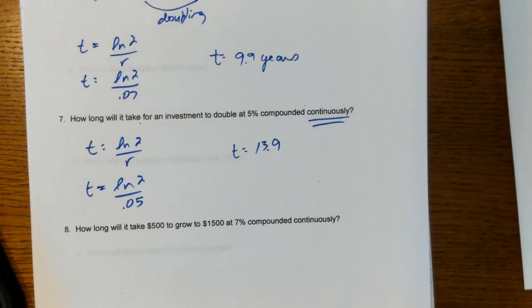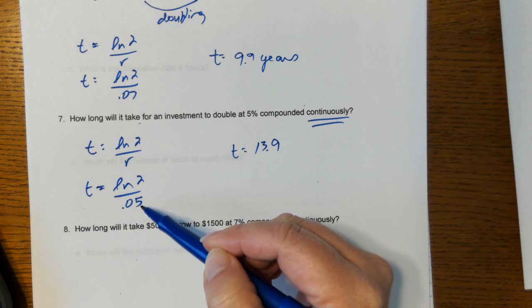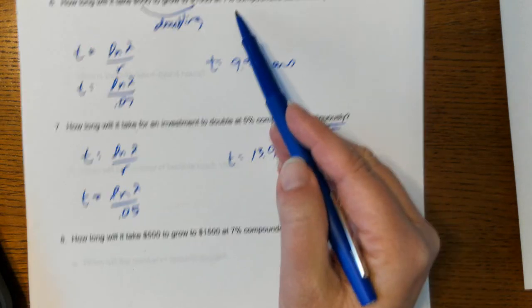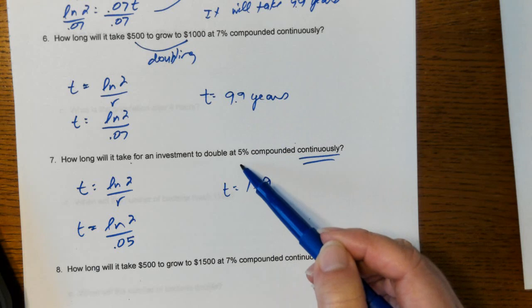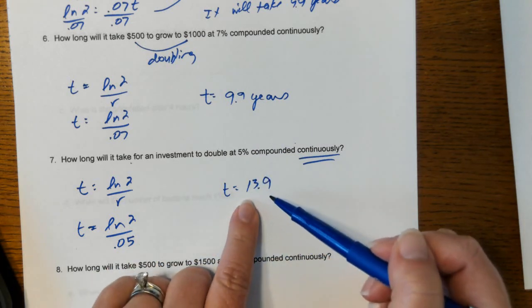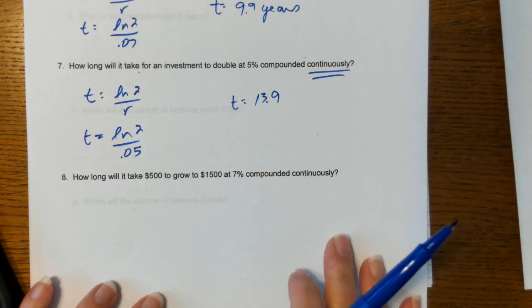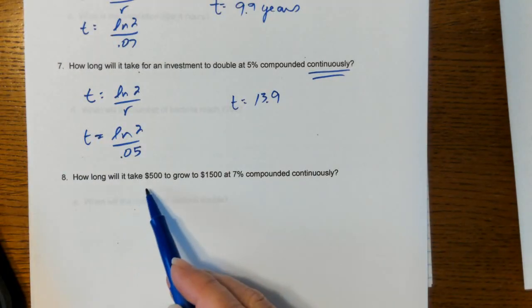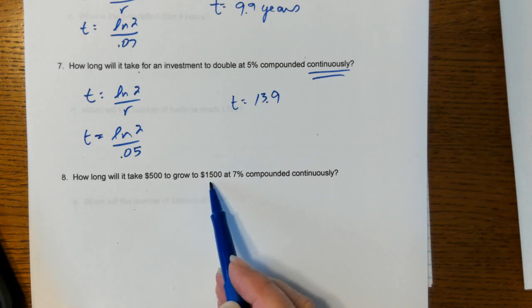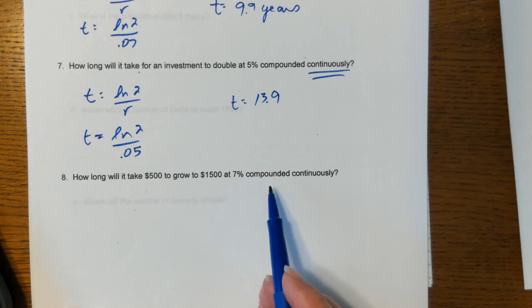Why does it take longer? Because my rate was not as high. My rate was not 7%, it was only 5%. So if they lower the rate, it will take more time for your money to double. And then number 8, see if you can figure this one out. How long will it take $500 to grow to $1,500 at 7% compounded continuously?